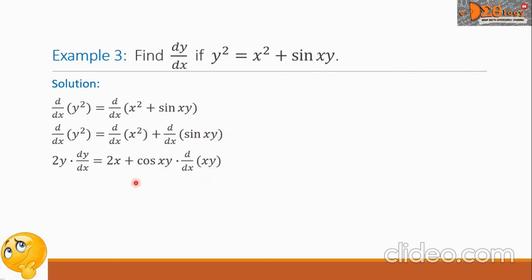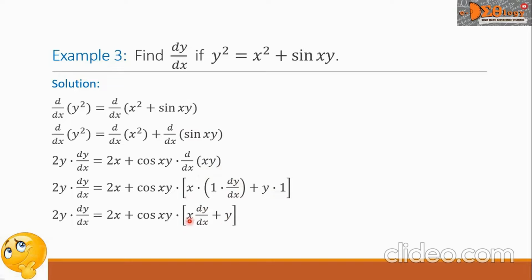We will copy everything and then we will take the derivative of this xy, another product function. So we have the x times the derivative of y will be 1 times dy over dx plus the function y times the derivative of x, which is 1.